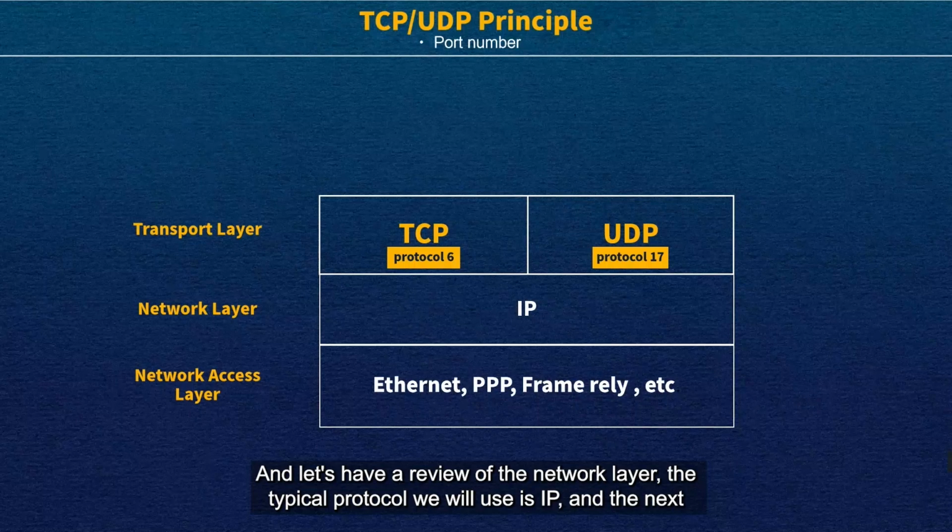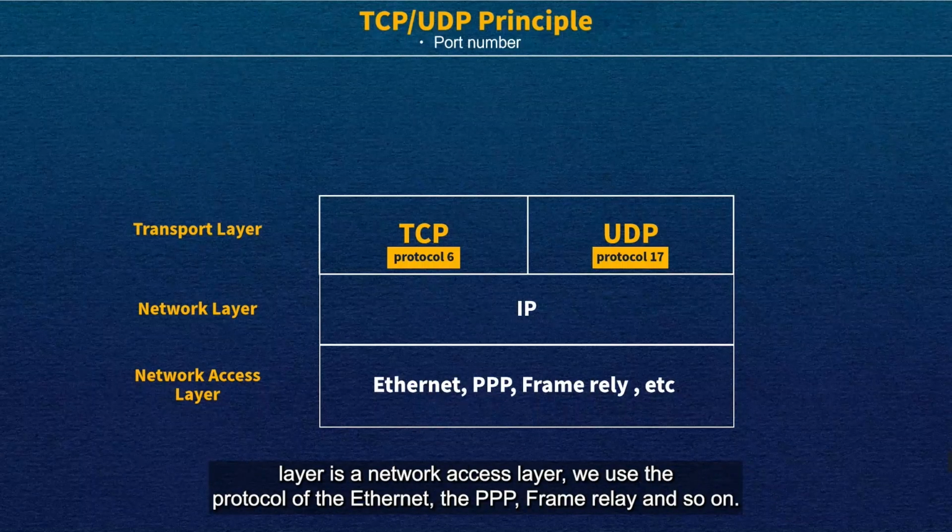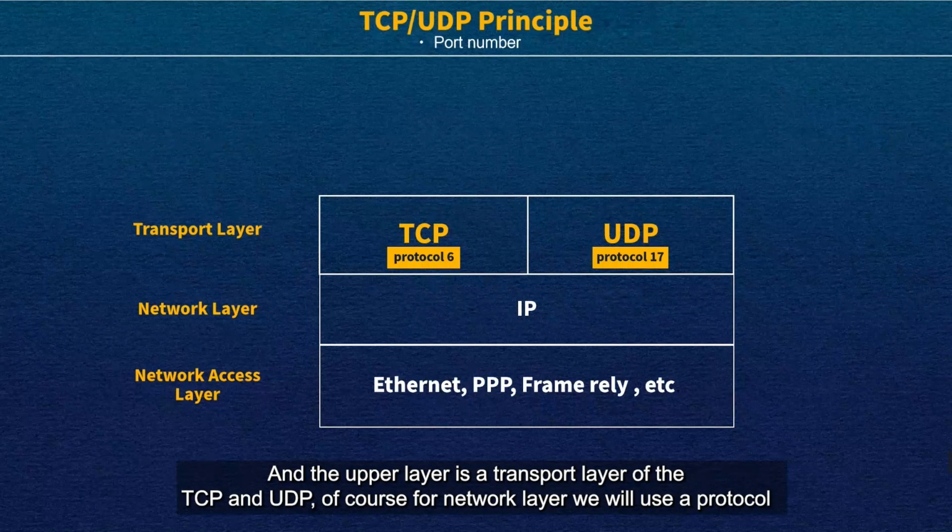And let's review the network layer. The typical protocol we use is IP. The next layer is the network access layer, where we use protocols such as Ethernet, PPP, frame relay, and so on. And the upper layer is the transport layer of TCP and UDP.